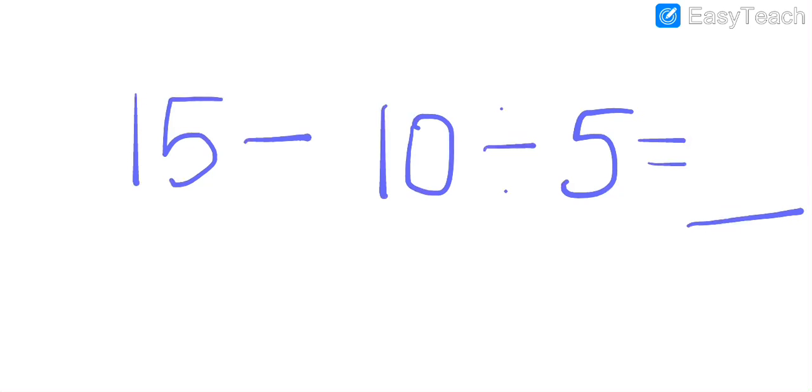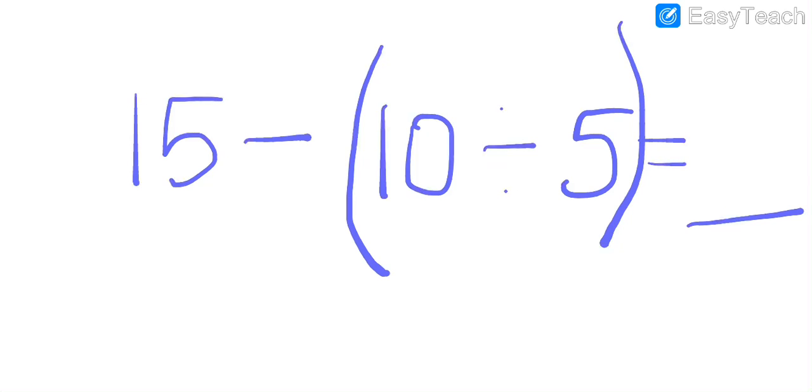Again, I don't see parentheses, so we're going to probably have to insert those ourselves. Now, I don't see any exponents. Nope. So PEM, please excuse my dear Aunt Sally. I don't see any multiplication involved in this equation. However, I do see DAS, division. So let's go ahead and insert parentheses around the division portion of this equation.